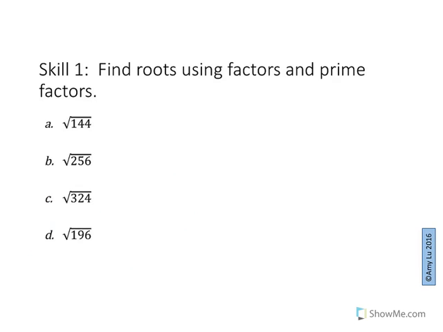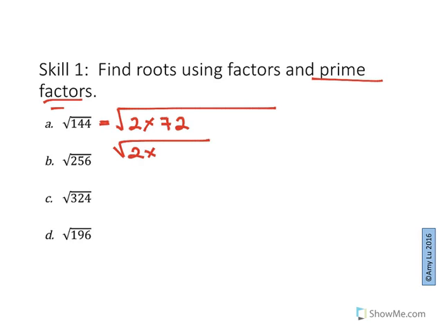So now we're going to do the same thing, breaking it down into prime factors, as these numbers are a little more complicated. With 144, if we break this apart, it's the same thing as 2 times 72. Break that apart further, it's 2 times 6 times 12.